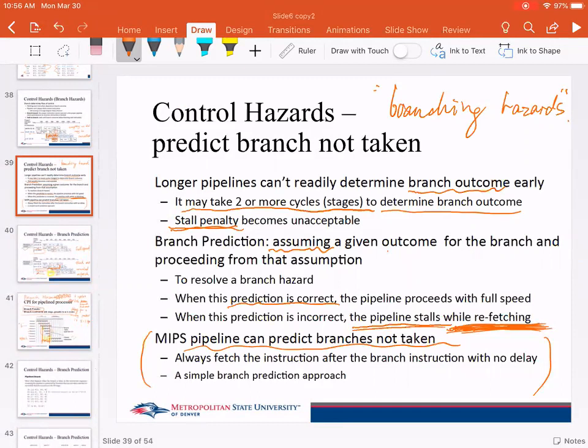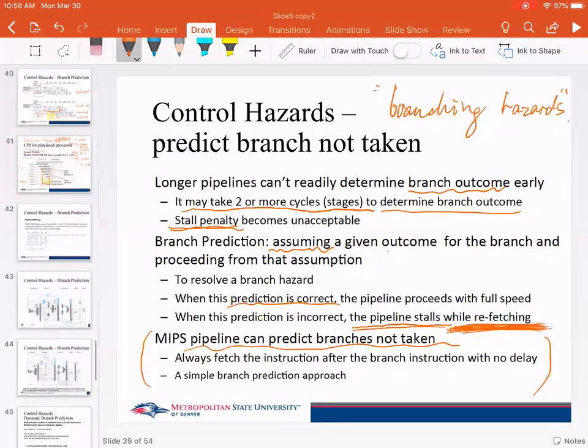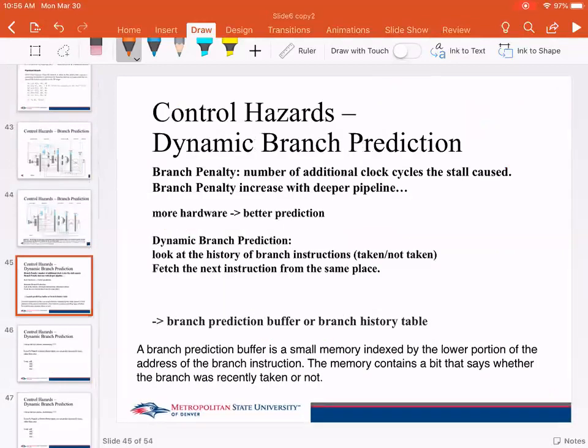And of course, people will want to do some more advanced prediction. A lot of them we call dynamic branch prediction. So what does dynamic mean? It means you are changing your prediction while the program is being executed. The processor is actually updating the prediction result while the program is being executed. Of course, it's not always good to do a simple prediction that always says yes or always says no, right?